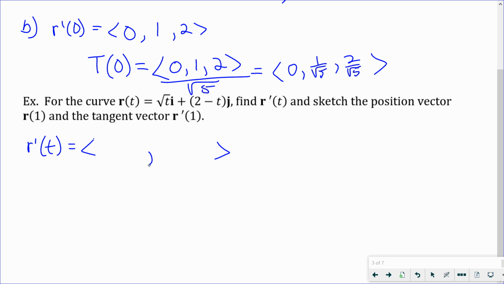Alright, so we got 1/2 t to the what? Negative 1/2. So 1/2 t to the negative 1/2 for my derivative of radical t, and the other one would just be negative 1. Yeah, so we're just going to leave the k off because I'm going to sketch it over here.